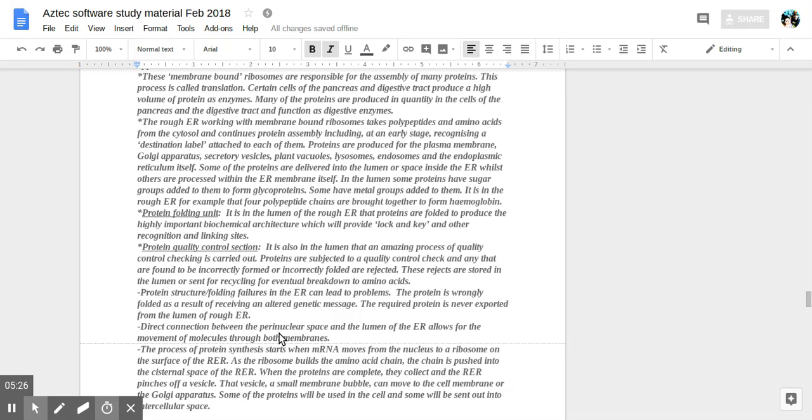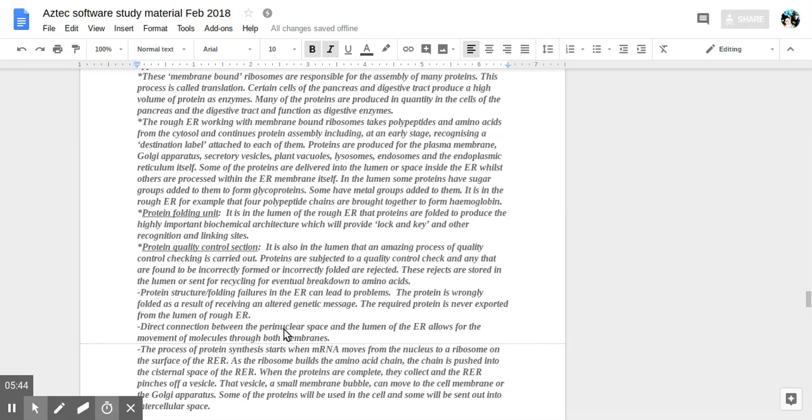So molecules are able to move from the nucleus via the membrane into the ER space. So there's a connection between the outer membrane of the nucleus and the ER.